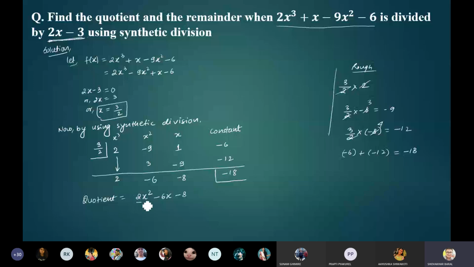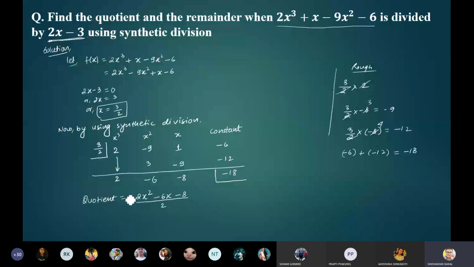Try to understand this one. If there is any number, don't just include the sign. Even if this is minus 3 by 2, you need to divide the whole quotient by 2 if it is in fraction form. If there was 3 upon 4, then you need to divide it by 4. If it was 3 upon 5, then you need to divide the quotient by 5.